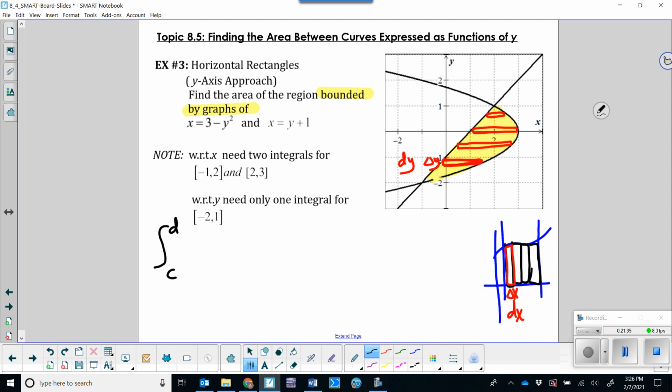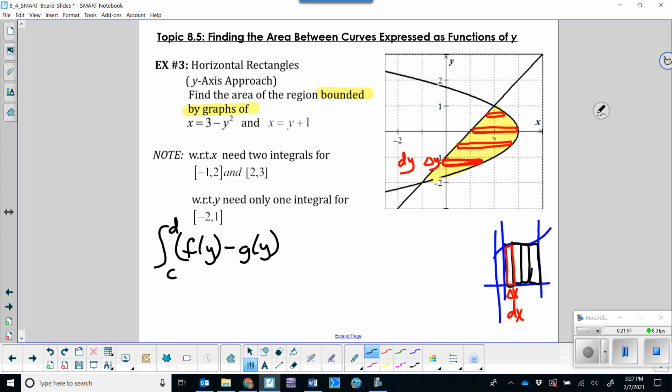And instead of f of x and g of x, I can just say f of y minus g of y.